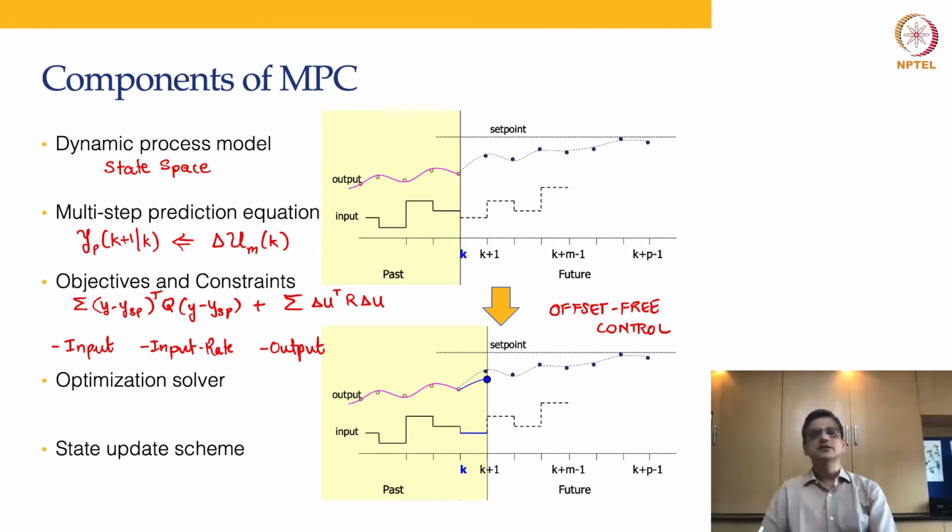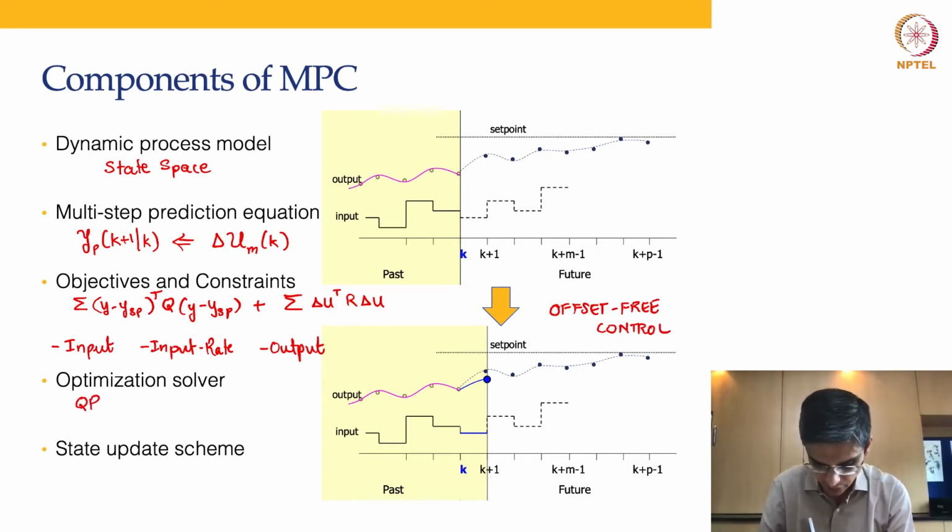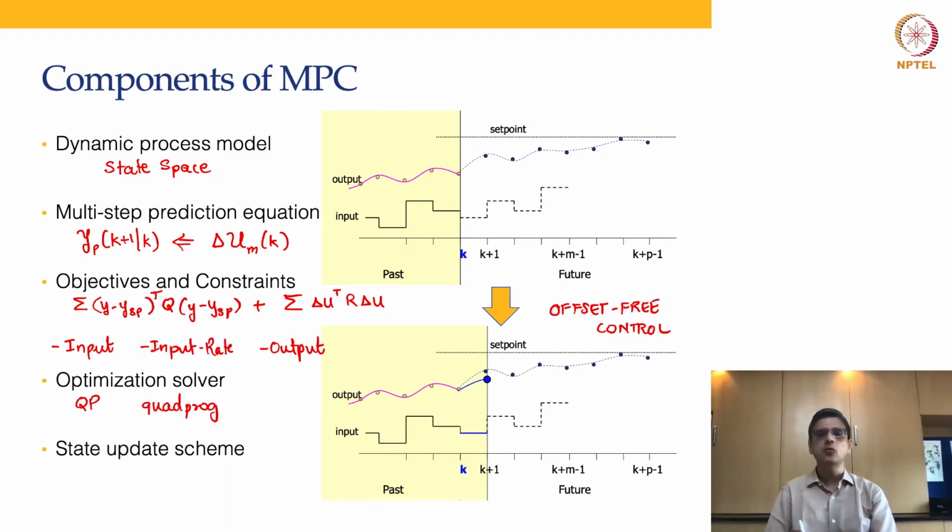The next is the optimization solver. The problem that we are going to solve is a quadratic programming problem. In week number 6, we used a solver in MATLAB called quadprog. The MPC toolbox also uses a similar type of solver, though not necessarily quadprog.